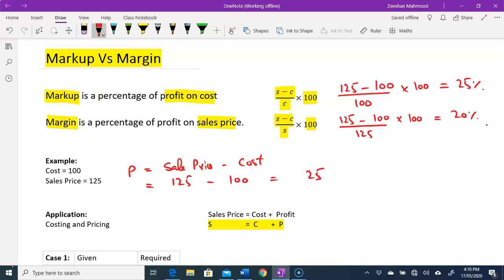So profit is $25 in the same example, but when I express this profit as a percentage of cost, that is 25%. And when I express the same profit as a percentage of sales price, it becomes 20%. So markup is 25%, margin is 20%, and we can say that 25% markup equals 20% margin, or 20% margin equals 25% markup. So it's a different expression of the profit percentage.